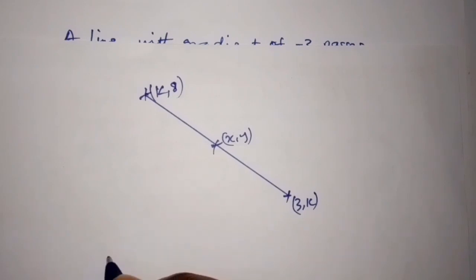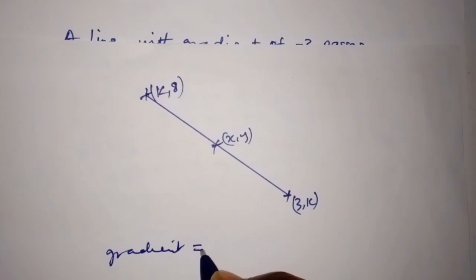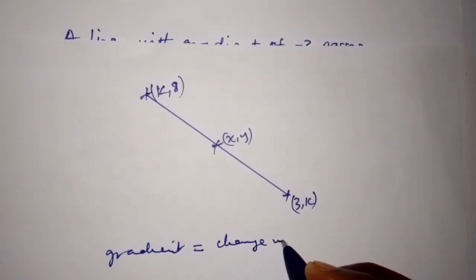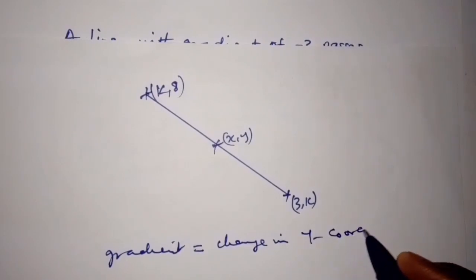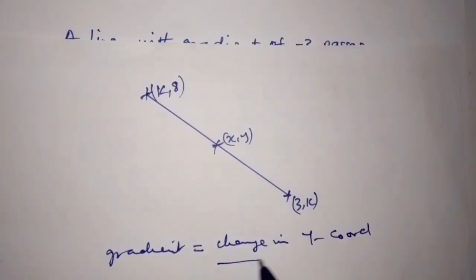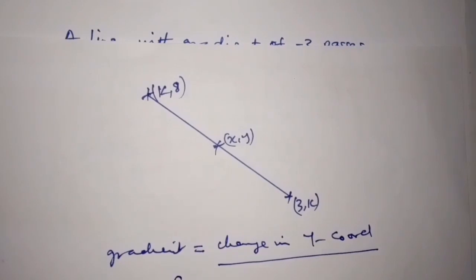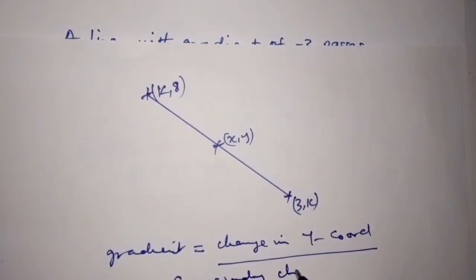We know that the gradient is given by the formula change in y coordinates over corresponding change in x coordinates.